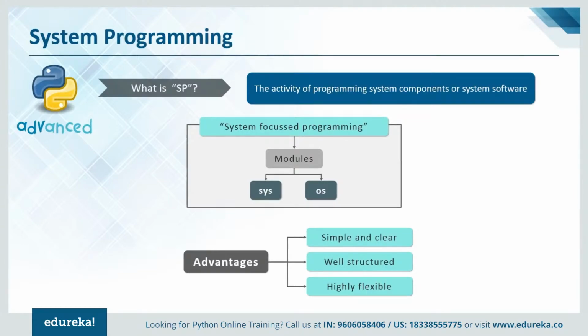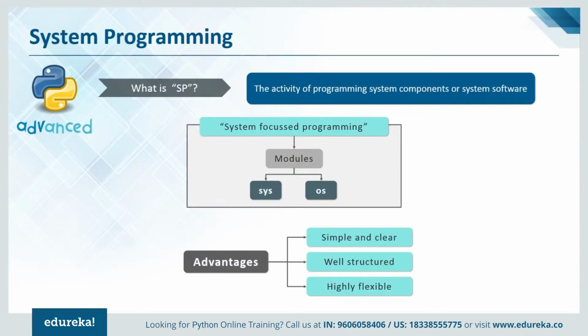Simple, right? So system-focused programming, as I'll call it, is made possible with the aid of the sys and the OS module. Guys, this serves as an abstraction layer between the application, which is the Python script or program, and the operating system. You're getting it, right? The operating system is anything, Linux or Windows or anything.